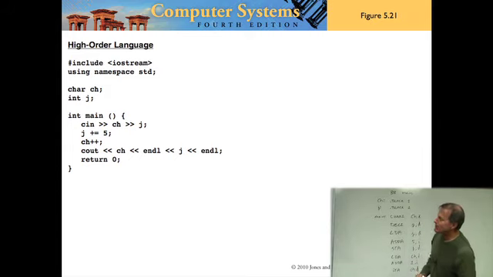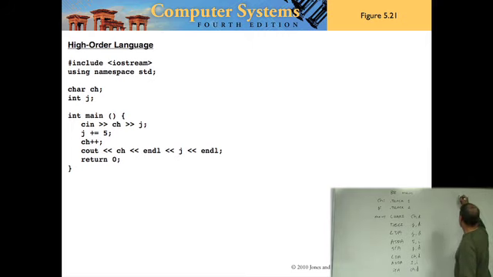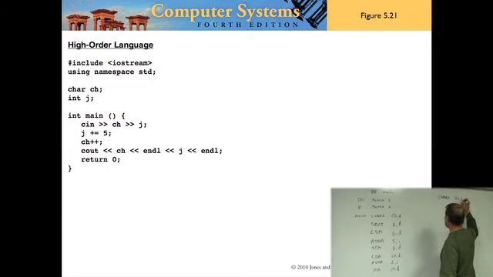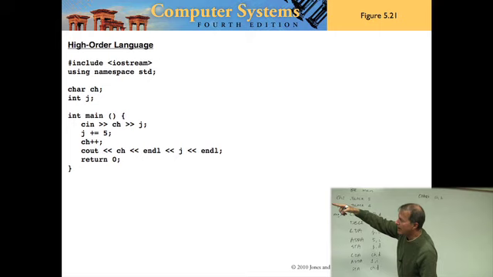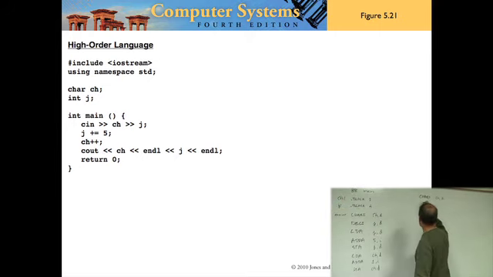Keep on trucking. Character out, CH direct. Decimal out, slash n. Well, the endline. We have to do character out for slash n: character out, quote, slash n, immediate.